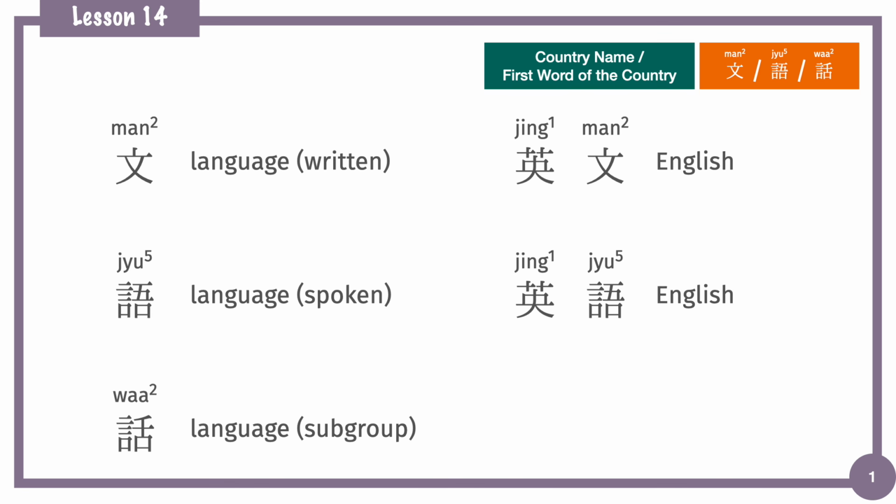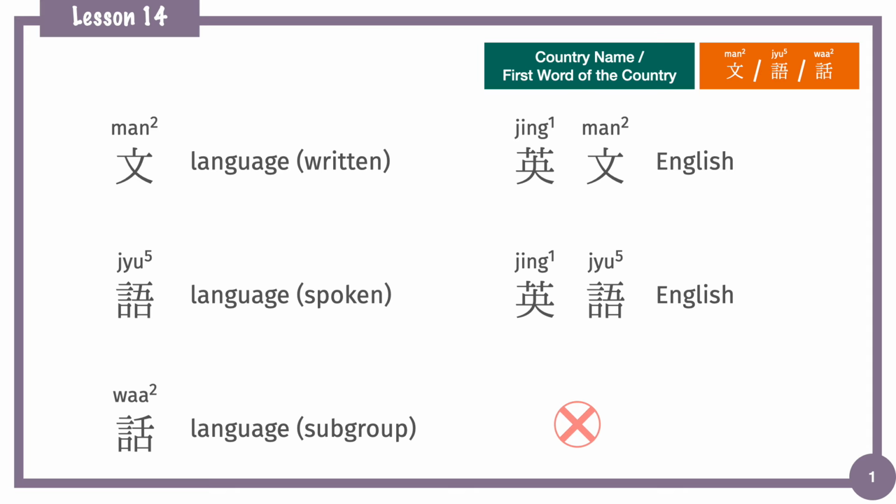That's why sometimes you'll hear people say 英文, and sometimes 英語. For 話, because English is the common language of the country, we don't say 英話. The pronunciation of 英華 is a school in Hong Kong.